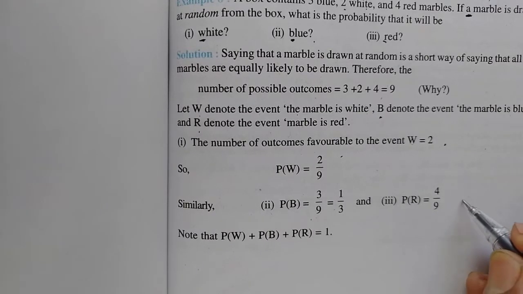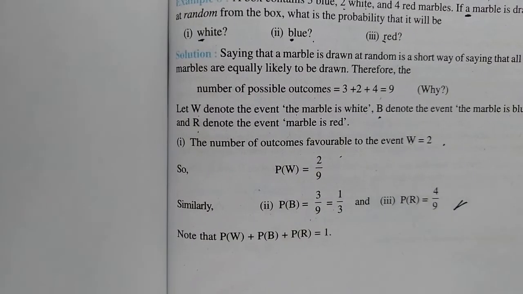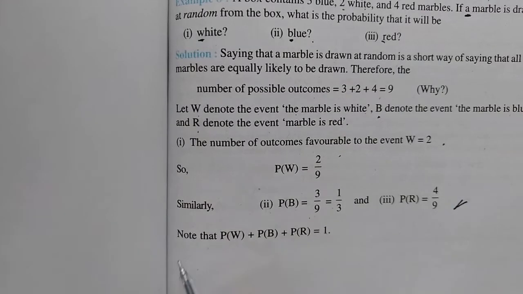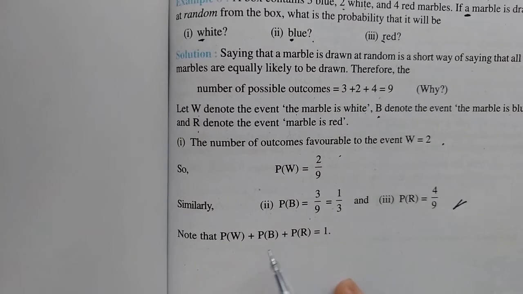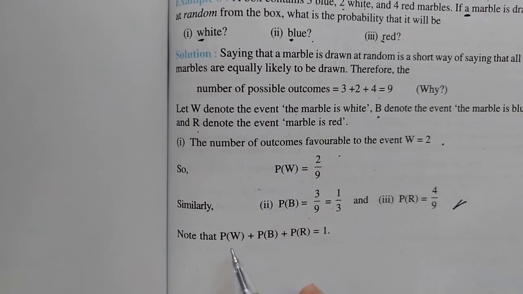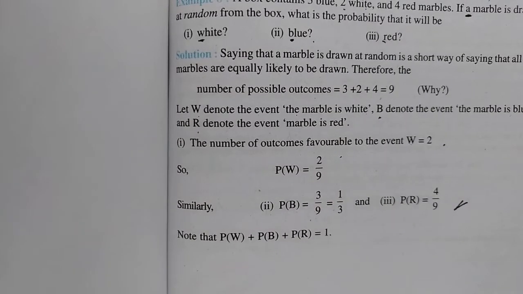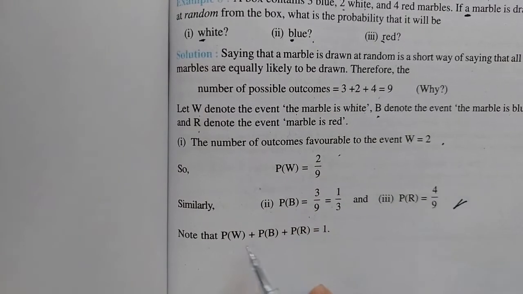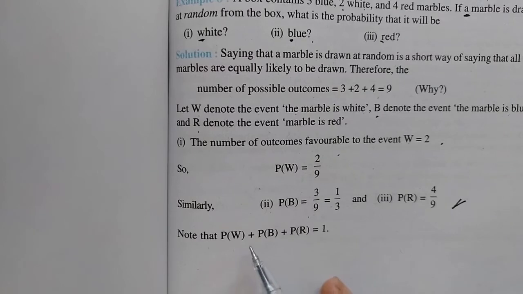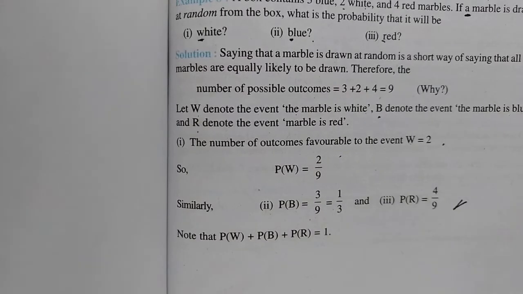My children, here the answer is over. Note that this is for our general knowledge. Earlier also we studied this. Now children, this addition, 2 by 9, 3 by 9, 4 by 9, you add, try this on rough paper, you will get the answer 1.